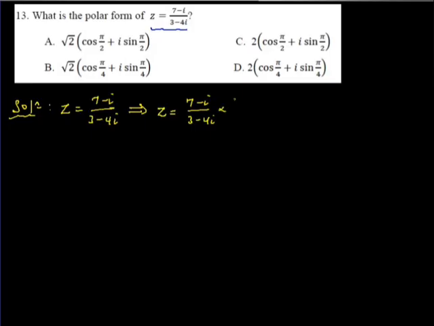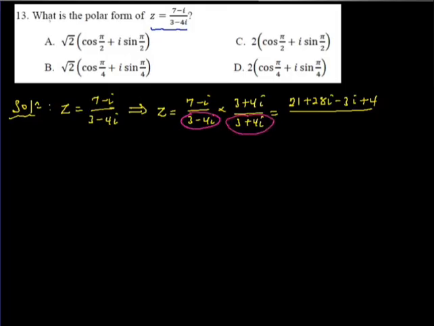We multiply both the numerator and the denominator by 3 plus 4i. So this becomes 7 times 3 is 21, plus 28i, minus 3i, minus 4i squared, which means plus 4, over 3 minus 4i times 3 plus 4i, which is the same as 3 squared plus 4 squared.